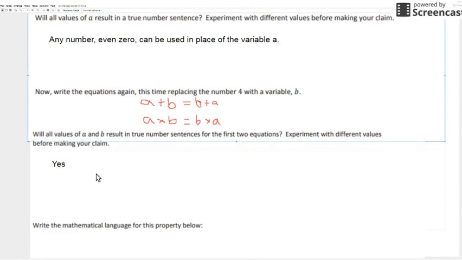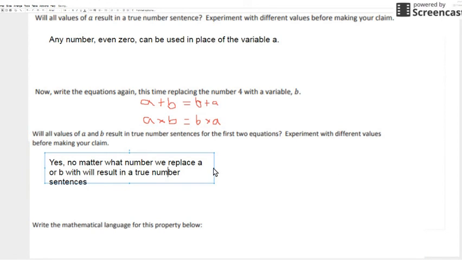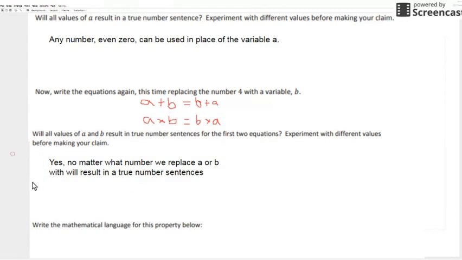No matter what number we replace a or b with, it will result in a true number sentence. Let's go and drag that out and put those together.